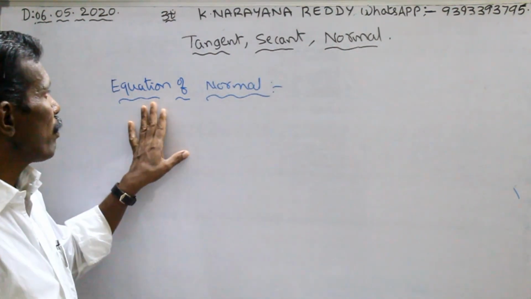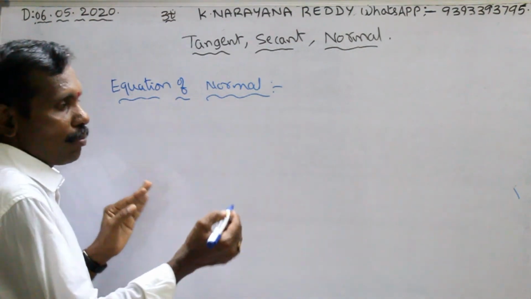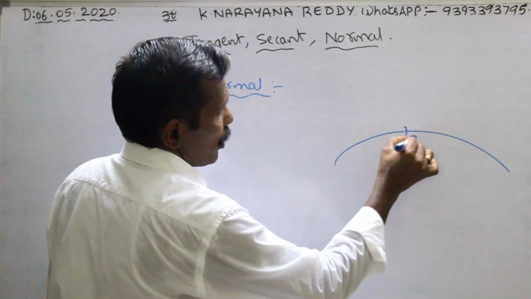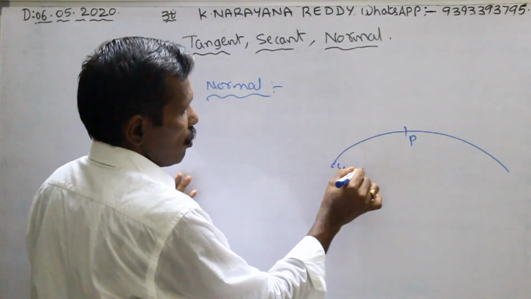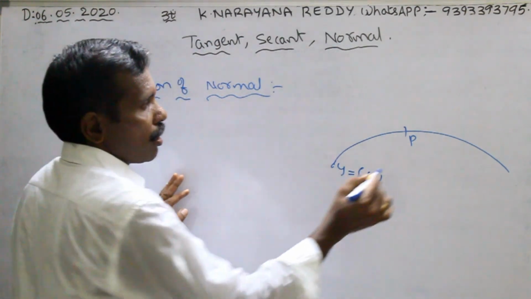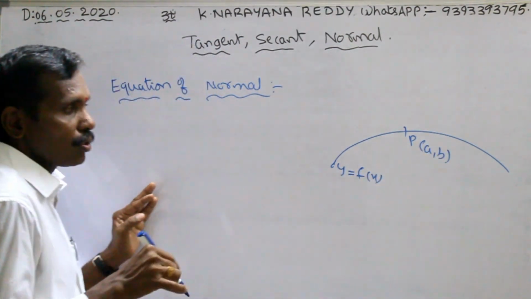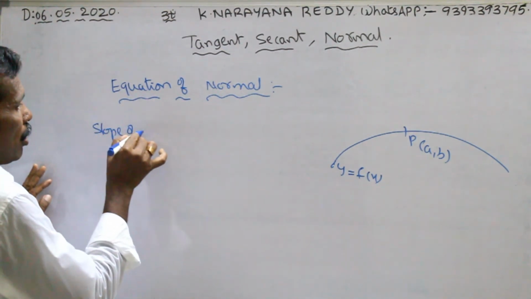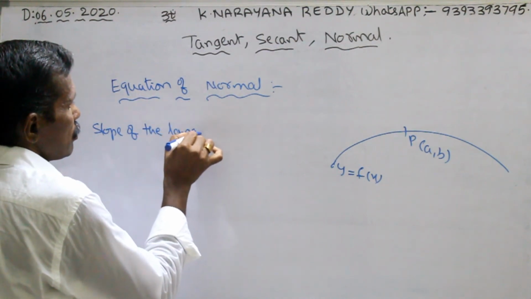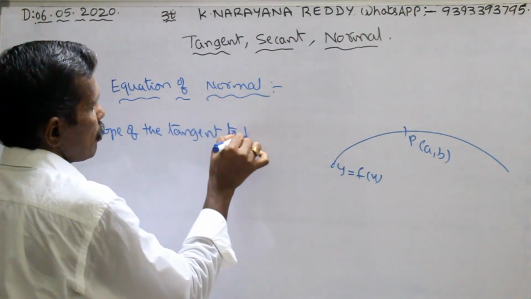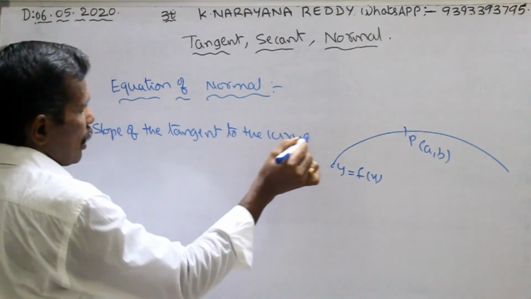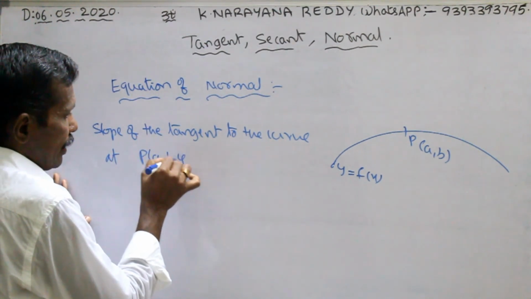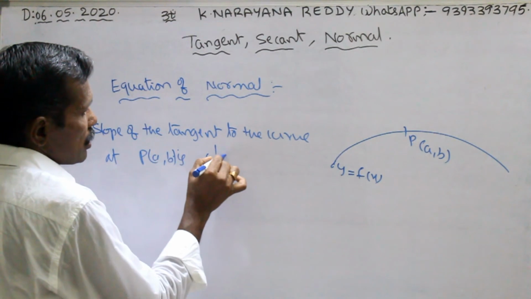See here. Now the equation of normal. Normal, as already told. This is a curve. This is a point P. This y equals f of x is the equation of the curve. This is (a, b). Now the slope of the tangent to the curve at P(a, b) is f dash a.